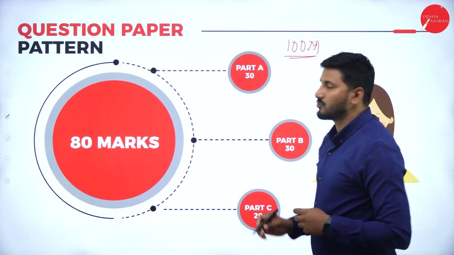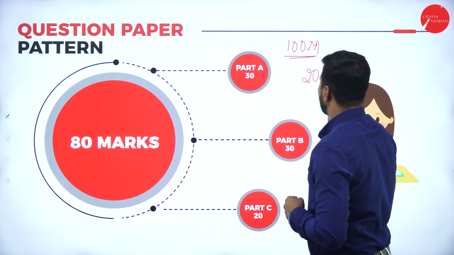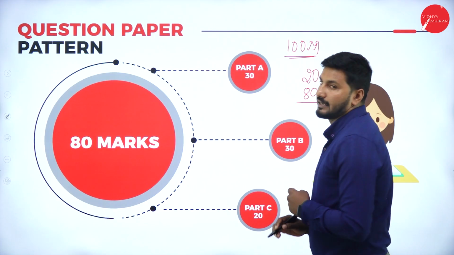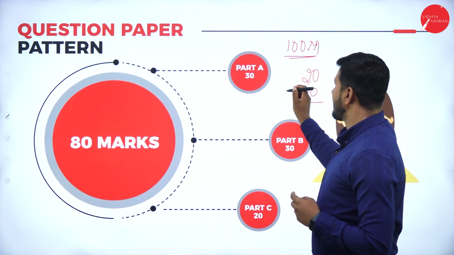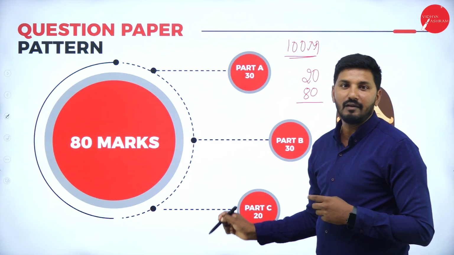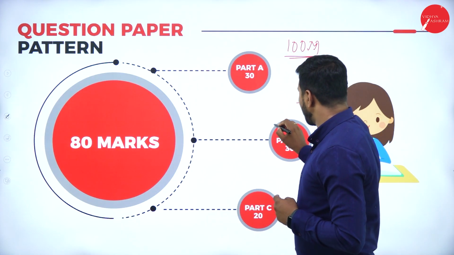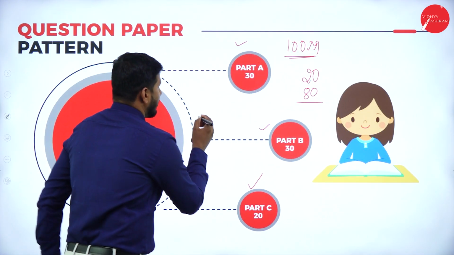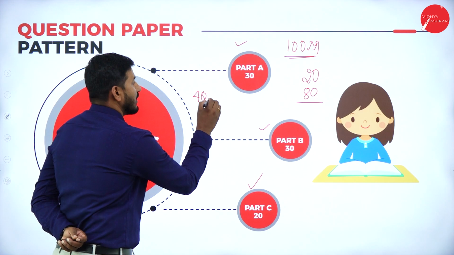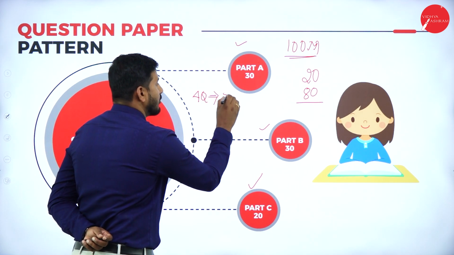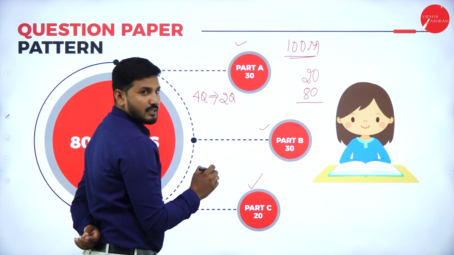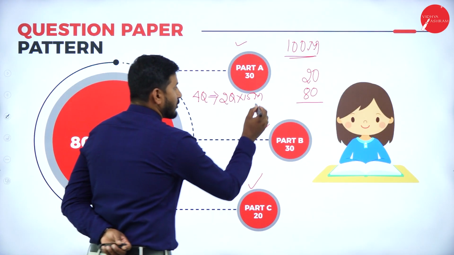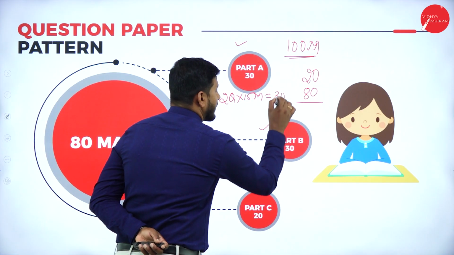Out of that 100 marks, 20 marks will be given as internals, and the other 80 marks will come from your main examination. For the main examination, it will be segregated into 3 important parts: part A, part B and part C. In part A, there will be 4 questions, and you have to answer only 2 questions. Each carries 15 marks. 2 questions into 15 marks will be 30 marks.